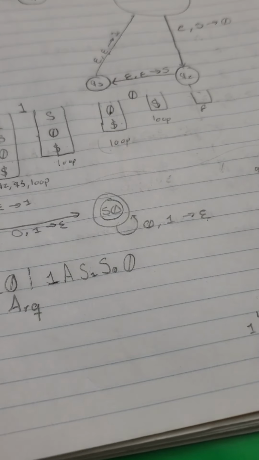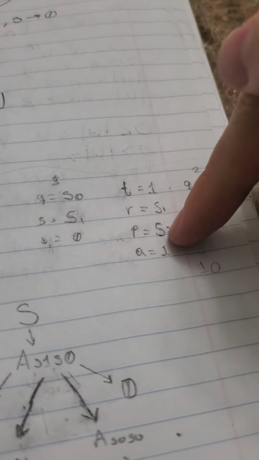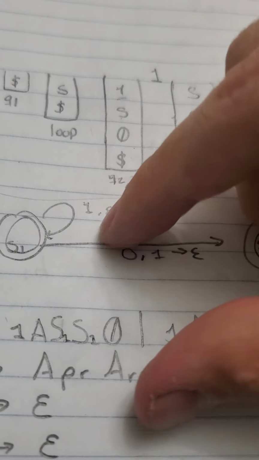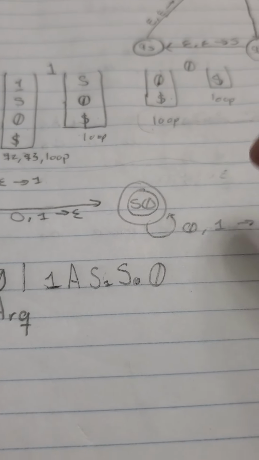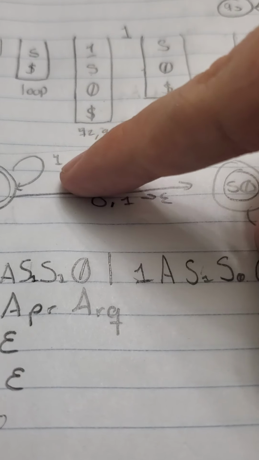So the first rule is to create my T, R, P, and A. We have to take the one who's popping, not the one who's pushing. So my T should be 1 because it's my source, the one that I'm reading.